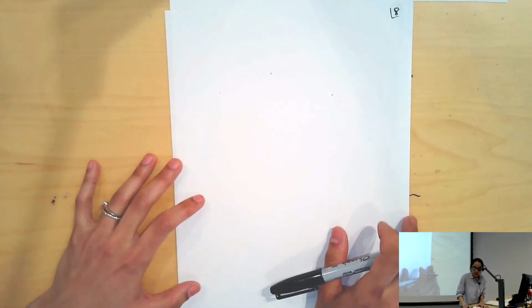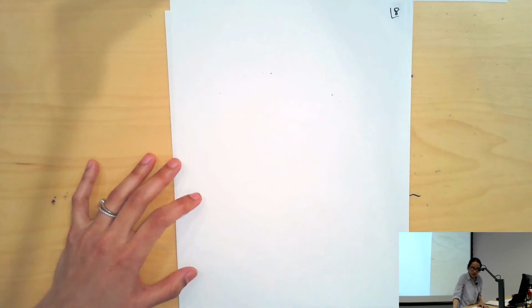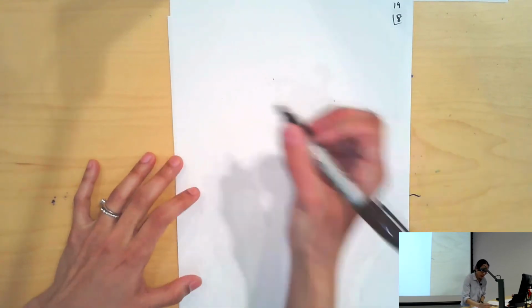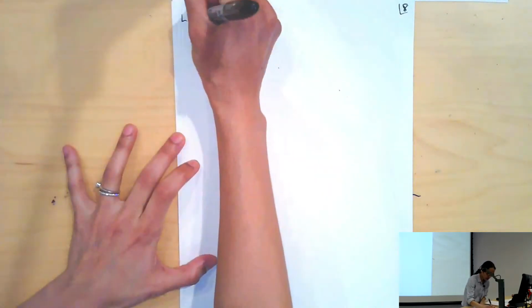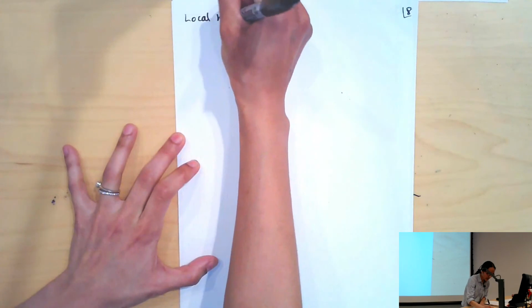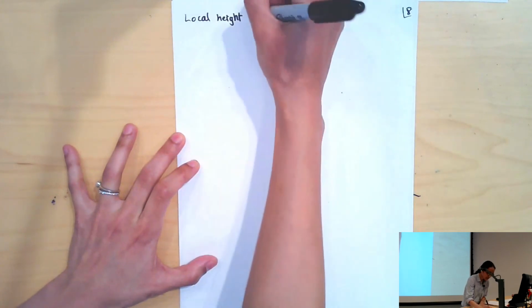So let me say now more about this integral of omega_D1 along D2, so this local height at p. I said already that this has something to do with a Coleman integral.